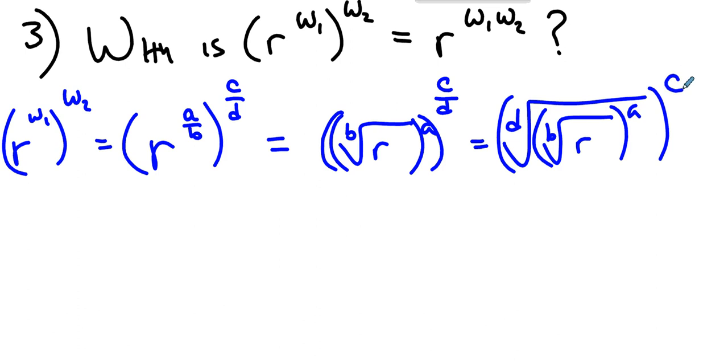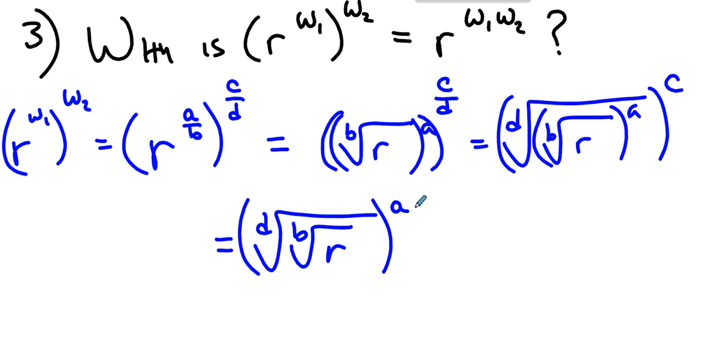Well, now comes the trick. Can we kick this a out? Well, what is this? This is the bth root of r times the bth root of r times the bth root of r, and so on, until there are a copies of the bth root of r. And so that does imply that we really are taking the dth root of the bth root of r, a copies of it.